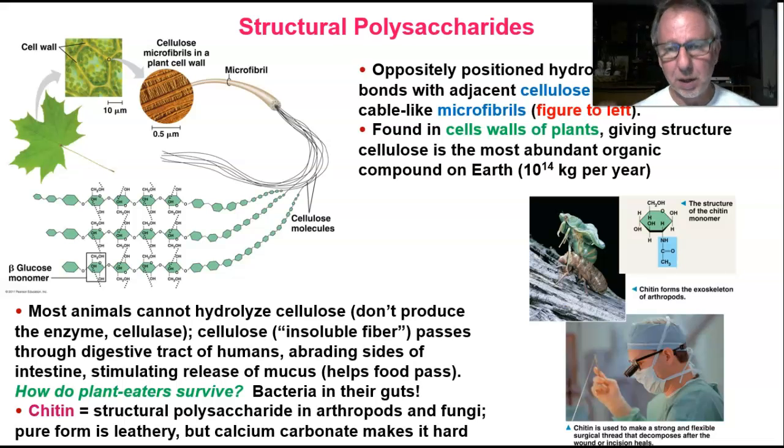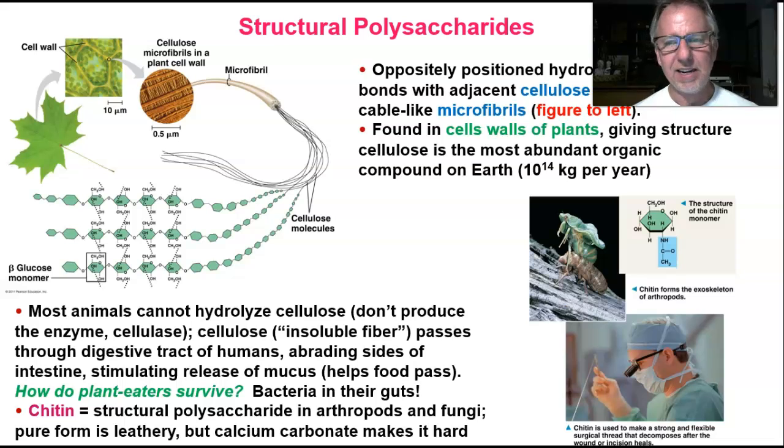And the bacteria break down the cellulose that those animals are eating. And then the animals like goats and cows and camels have access to the sugars once the bacteria break them down. Pretty cool.